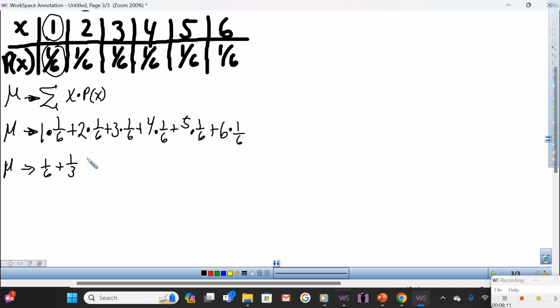So, my goodness, let's go. 3 times 1/6 is 3 6s, or 1/2, plus 4 times 1/6 is 4 6s, or 2/3, plus 5 times 1/6 is 5 6s, and 6 times 1/6, 6 over 6, which is 1. So far so good, yes? All right, mu. We're still working on mu. So let's start with 6s. What is 1/6 plus 5 6s?